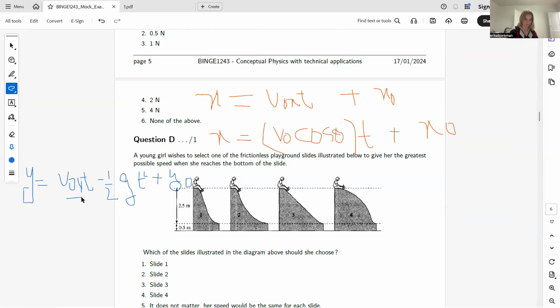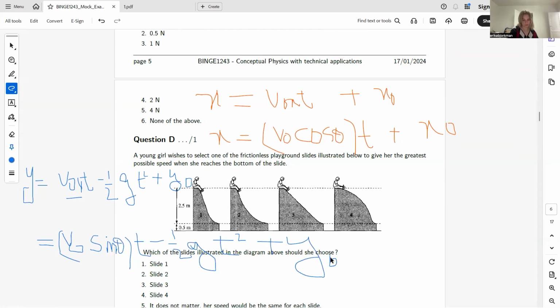And I need to introduce the component v naught y of the velocity. Then our equation will become v naught sine of theta into t minus half gt square plus y naught.